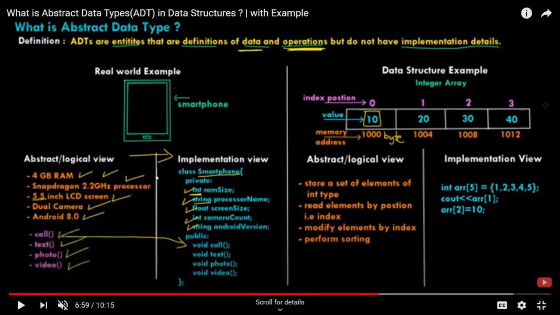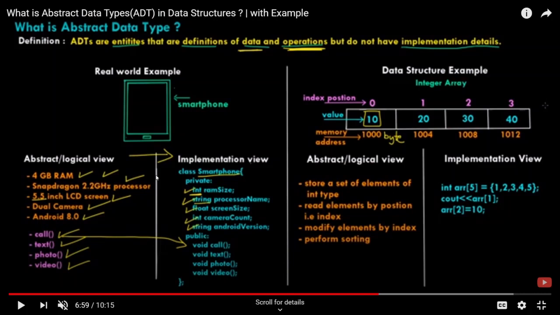So here you can see that the abstract view is store a set of elements of integer type, that is, we can store the elements of integer type, only numerical values, that is whole numbers. Read elements by position, that is index. We have already seen in C++ what is the array, what is index position, and all those things.